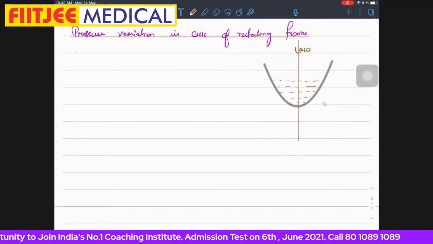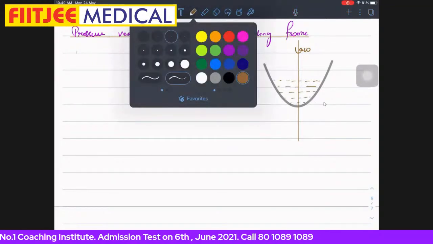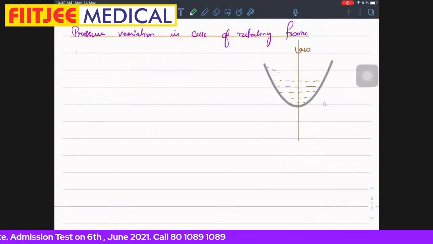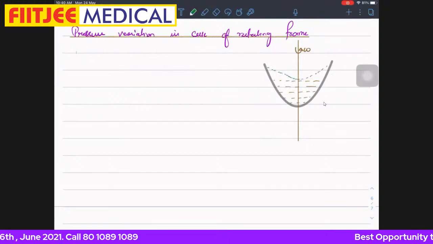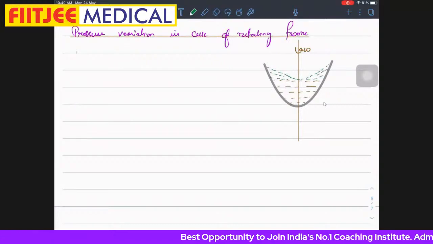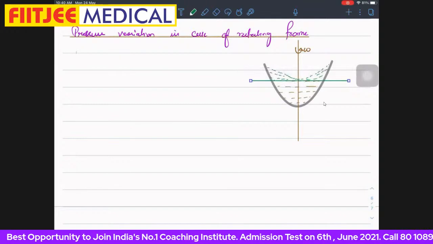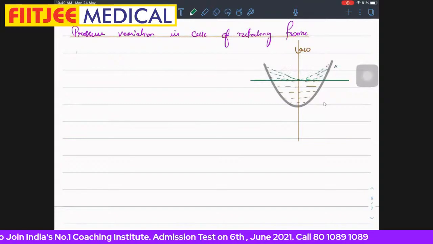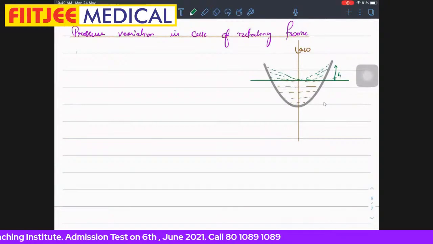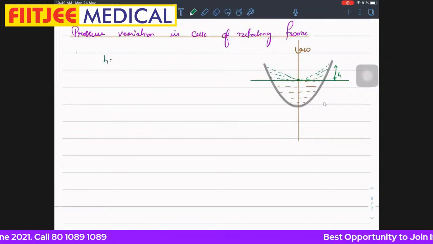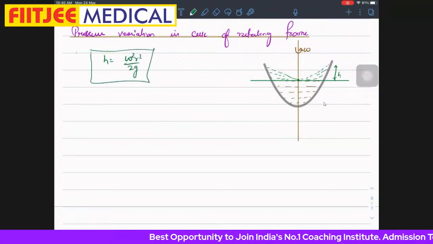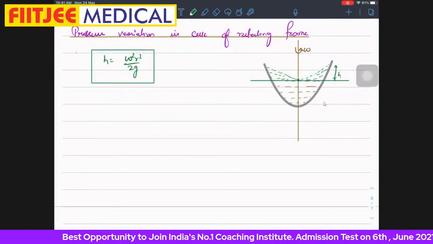If initially the liquid is stationary, once it starts rotating, it will form a parabolic shape here. Suppose this height is h. So the rise of the liquid with respect to the center is given by h equals omega square r square by 2g. Based on this relation, many questions have been asked.